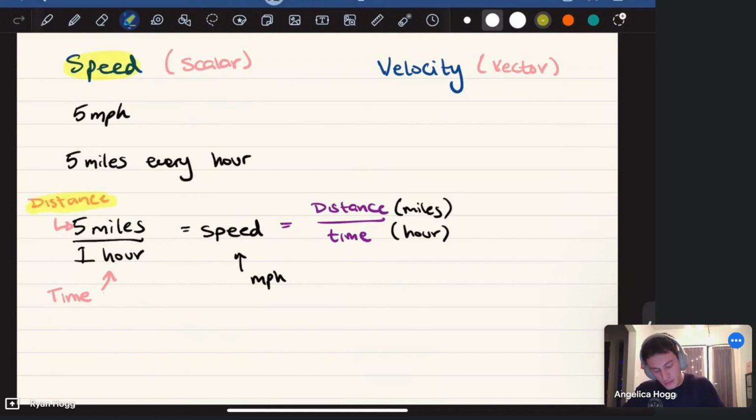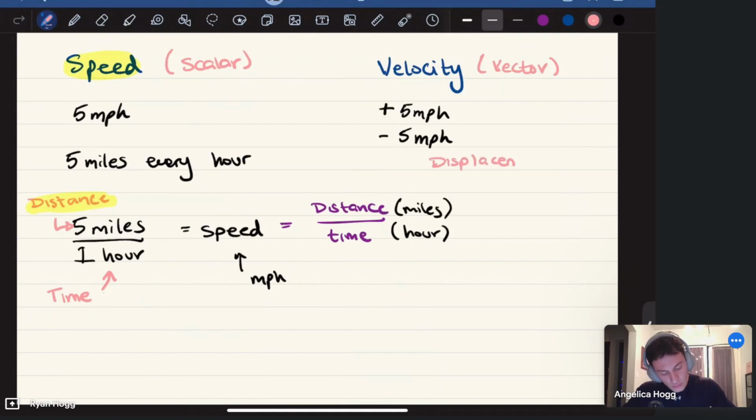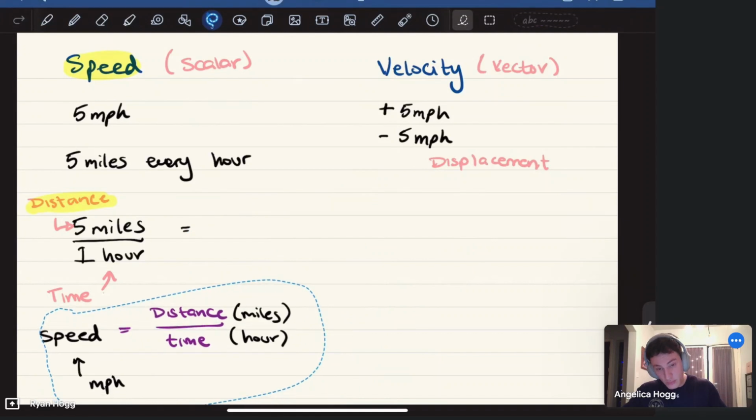But on this side, on the right, we're going to have 5 miles per hour, just like before. But now we're going to have positive, or that could even be 5 miles per hour negative. Both of those are velocities because they have direction. And in order to get your velocity, you have to use displacement to calculate your speed. So I'm going to move this to the bottom here as your formula.